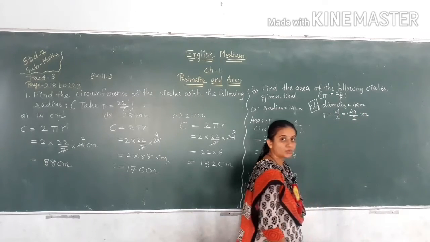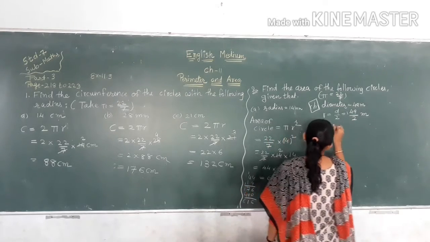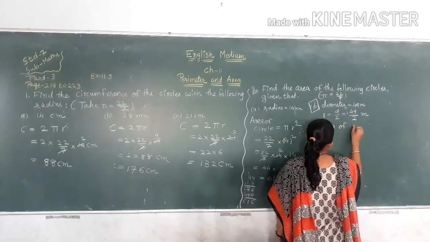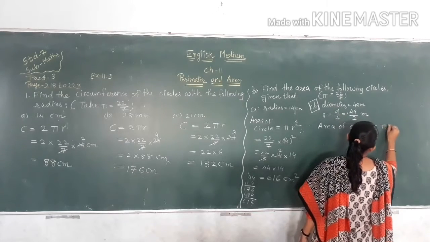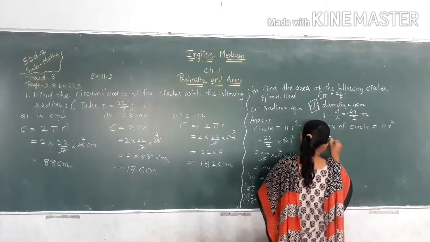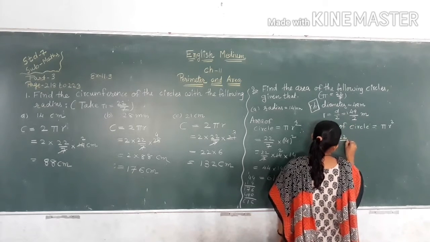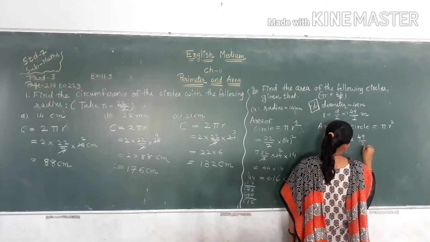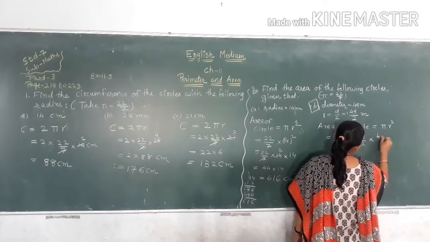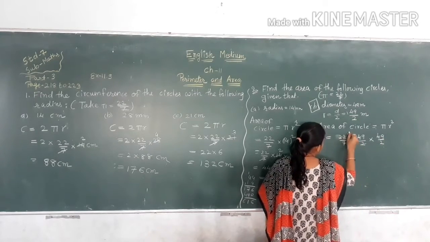Now the area of a circle is equal to pi r square. So pi's value here is 22 out of 7 multiplied by 49 out of 2, then 49 out of 2. 11 twos are 22.